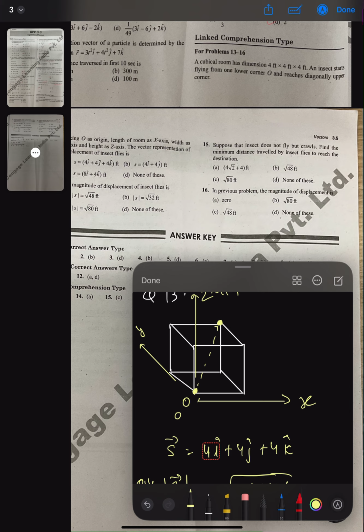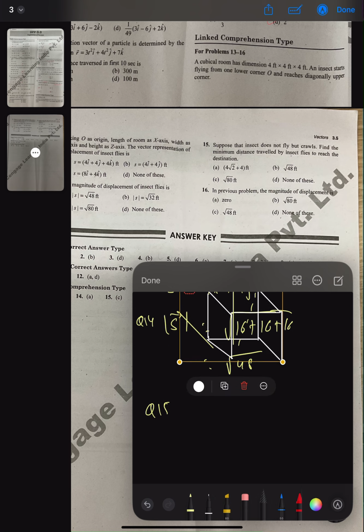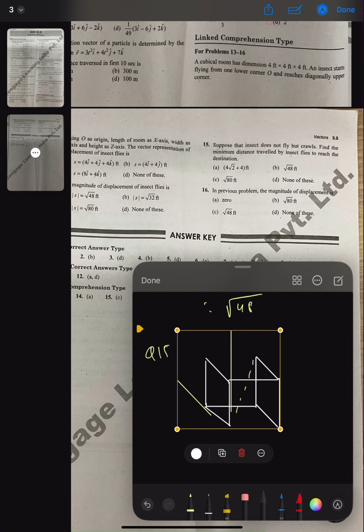So first of all I will copy the diagram because this will help. I just copied the diagram.